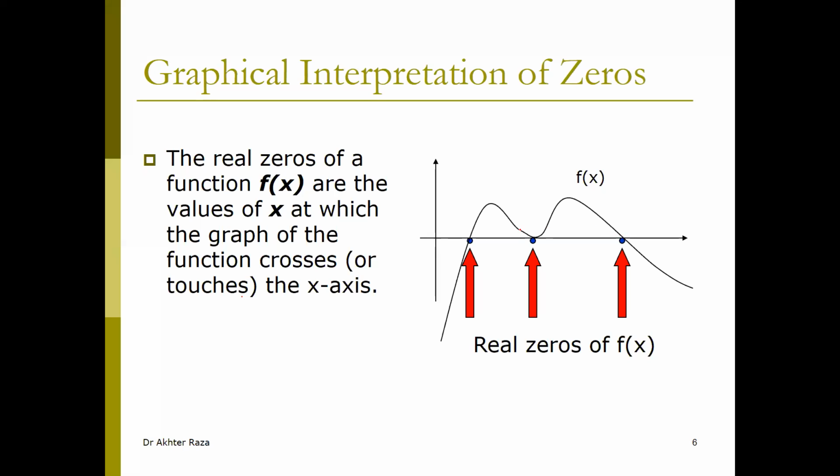So we may call this function a cubic function, which means it has the third degree. The reason is that it has 3 x-intercepts. As many x-intercepts as there are, that is the degree of the given function.